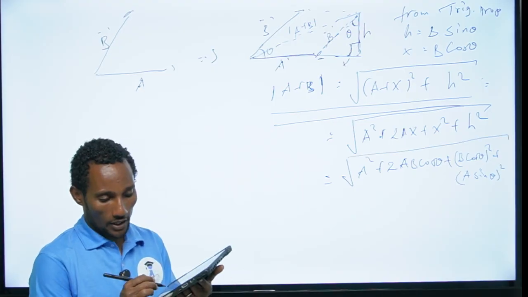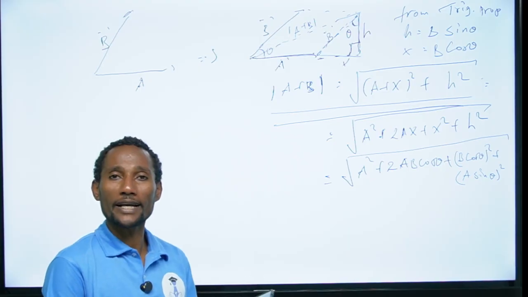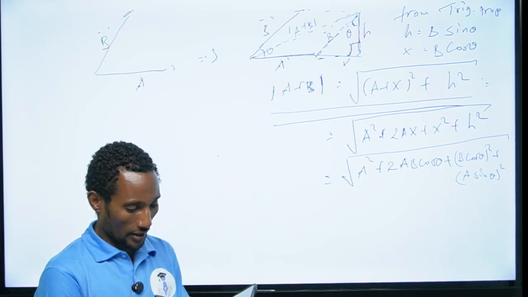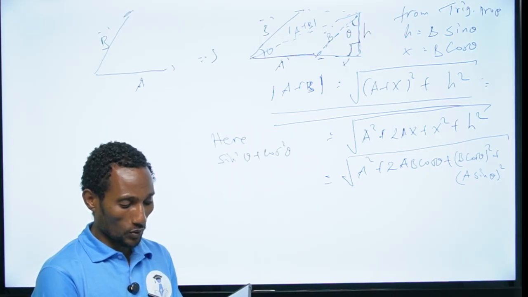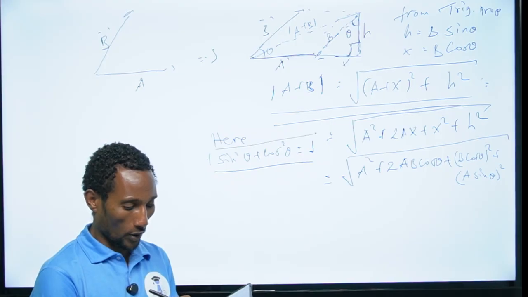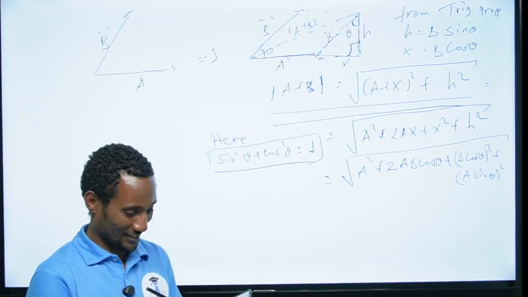Under the root, then here, for the trig identity, sine square theta plus cos square theta results in 1, which is what we call the trig identity.